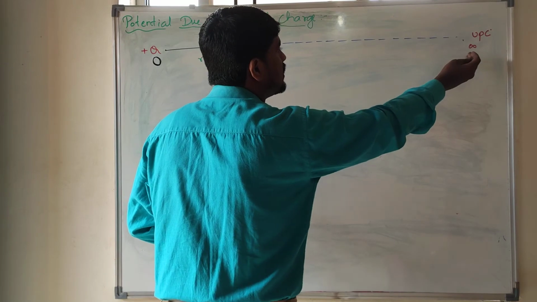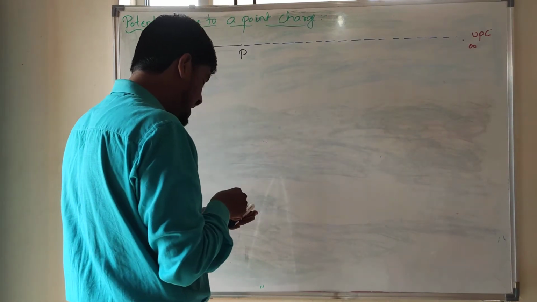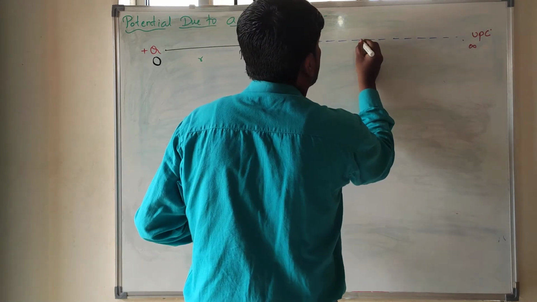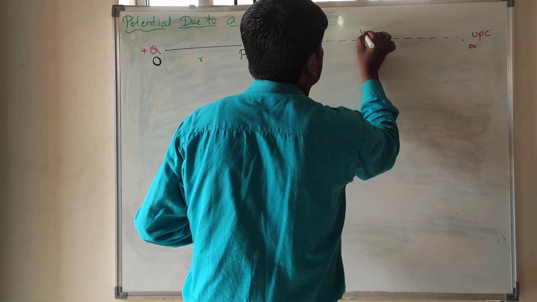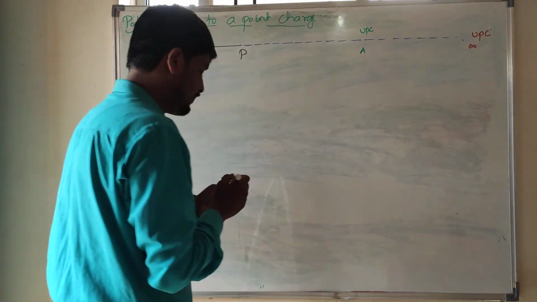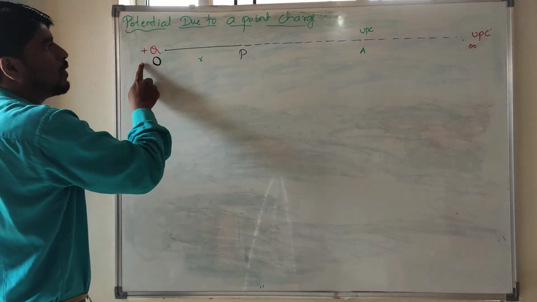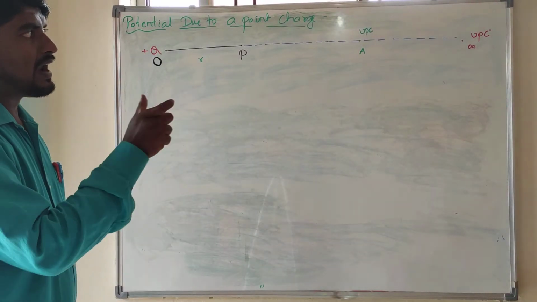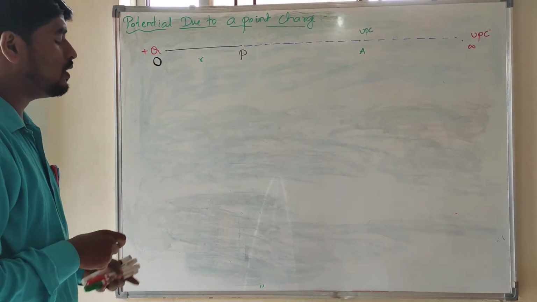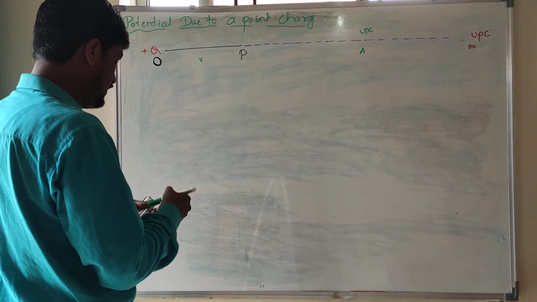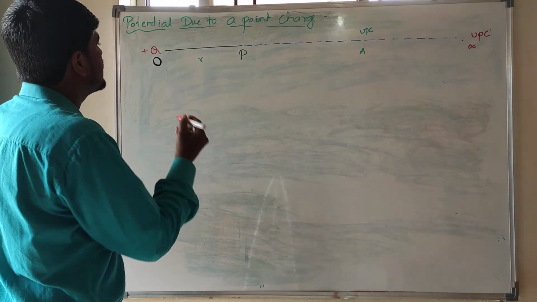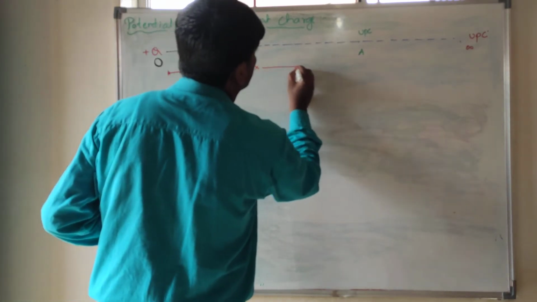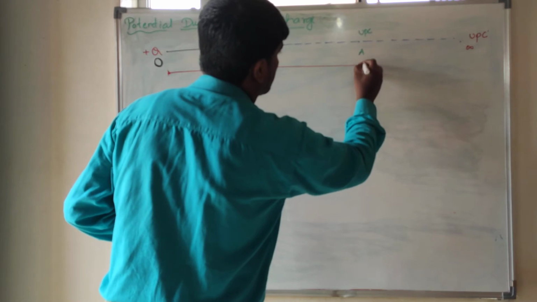I will take a pause at the point, say, A. So now at point A, I will place the UPC. The distance between the point charge and the intermediate place A is x. I will call this distance x.